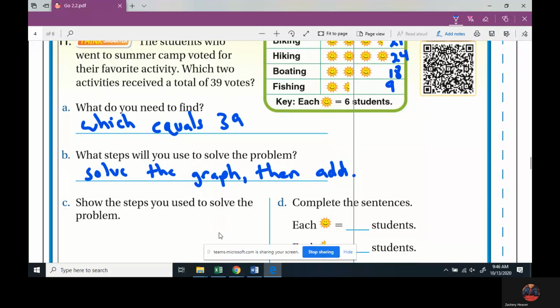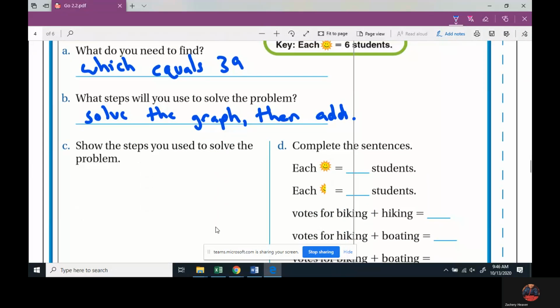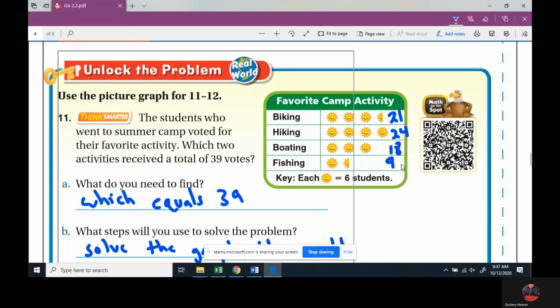So, all right. Right, David. Right, McKenna. So the steps we're going to have to do, guess what? We've kind of already done it by making your frequency chart.